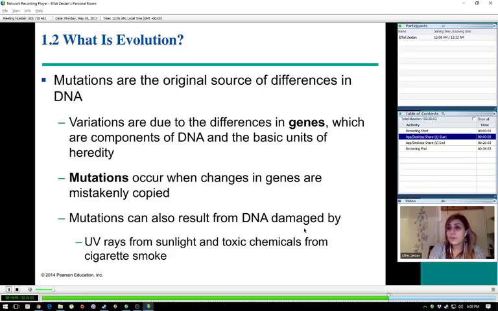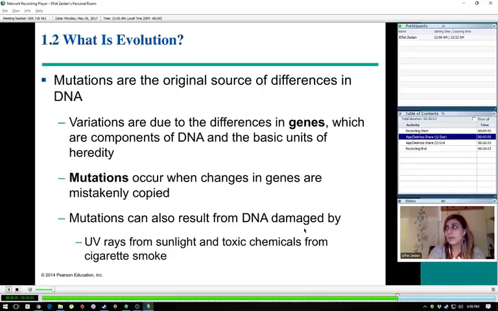These mutations occur in the process of reproduction, and they also occur when certain changes in the genes are mistakenly copied. When they are mistakenly copied, there is a mutation, there is a change to the DNA, there is a change to the genetic code of the organism. It could also result from certain damage, so it's not only a natural process.